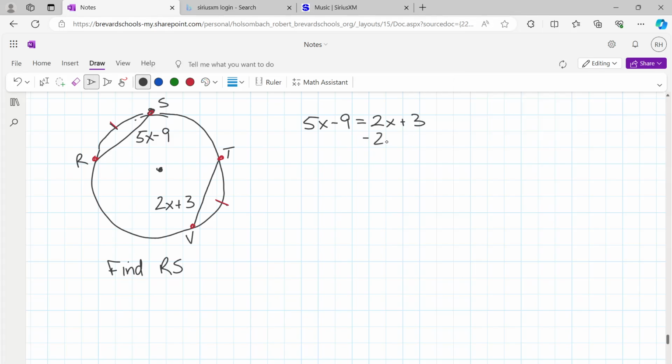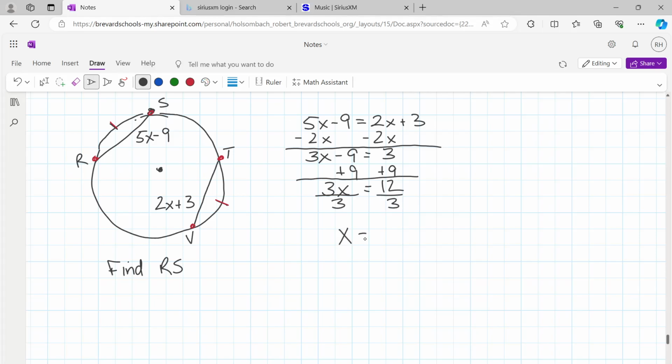Can subtract 2x from each side. And 3x minus 9 is equal to 3. Add 9 to each side. 3x is equal to 12. And then divide both sides by 3. Our x is equal to 4.